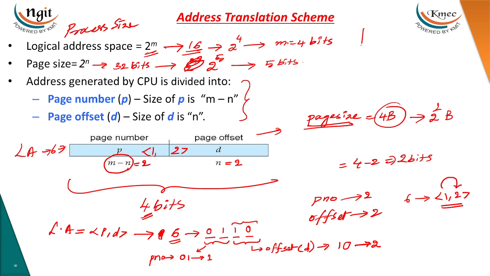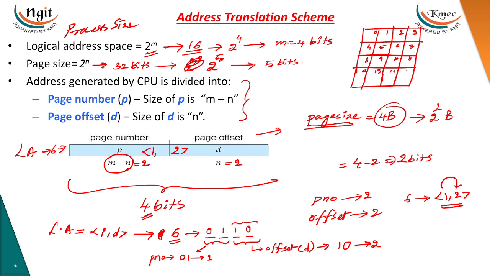If you take the process size of 16 bytes and divide it, this is the 0th byte, then 1, 2, 3, 4, 5, 6, 7, 8, 9, 10, 11, 12, 13, 14, 15.